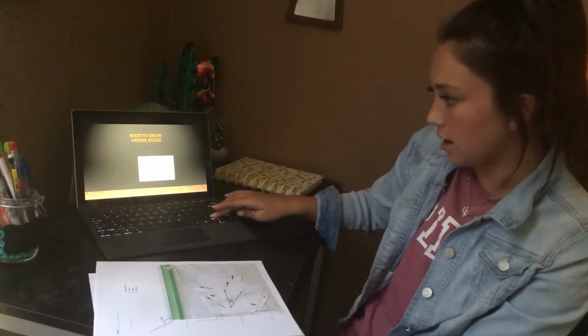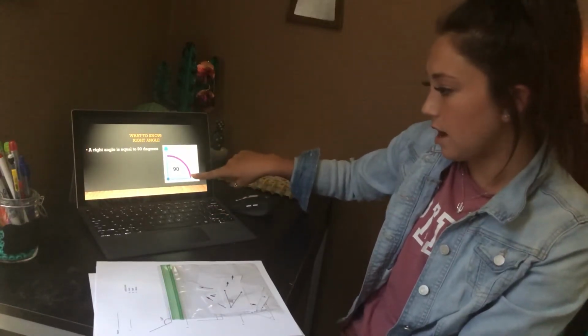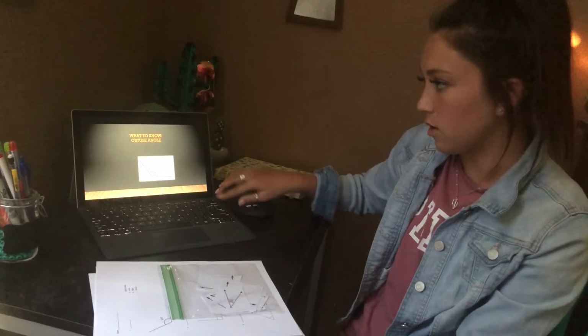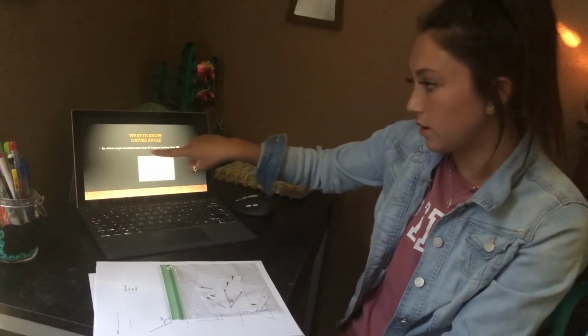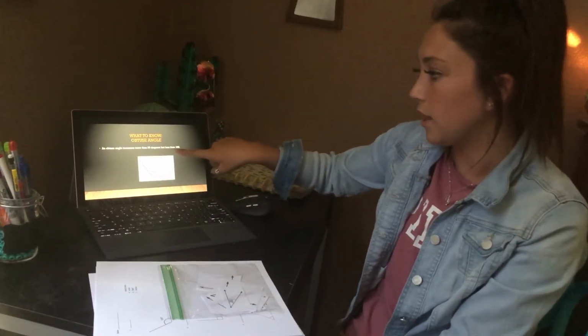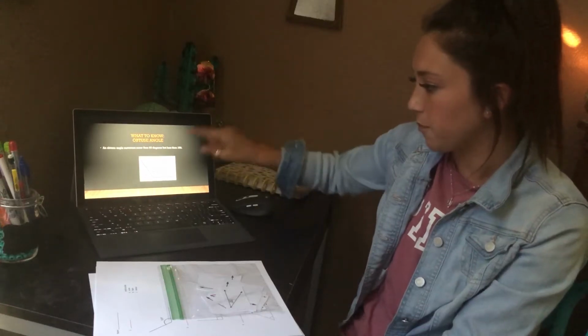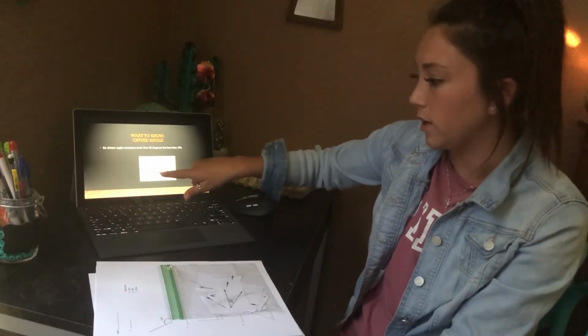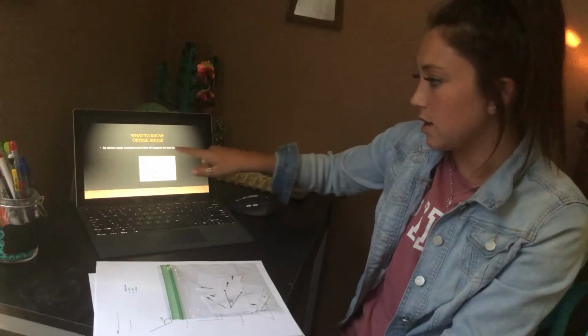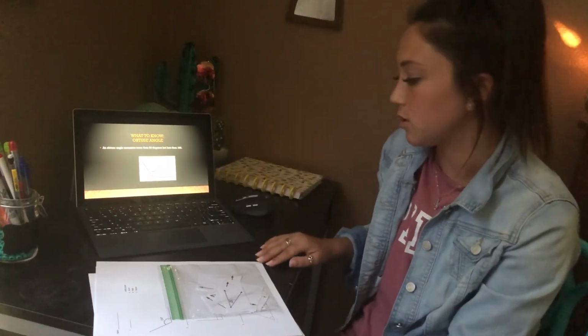So if we backtrack again, here's 90 degrees. So an obtuse angle is more than 90 degrees, but less than 180. This shows us that it's 120, so it's right in between 90 and 180, so it can be labeled as an obtuse.